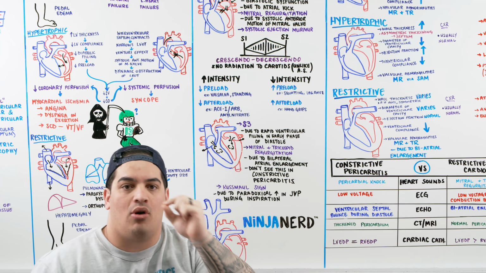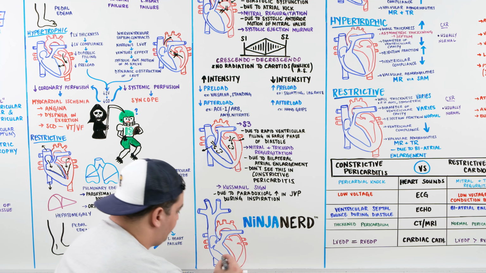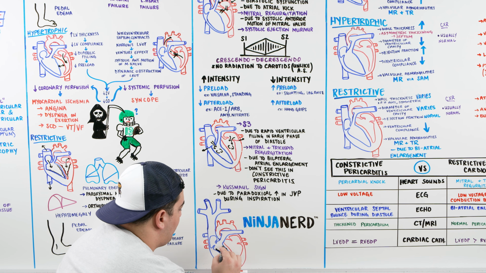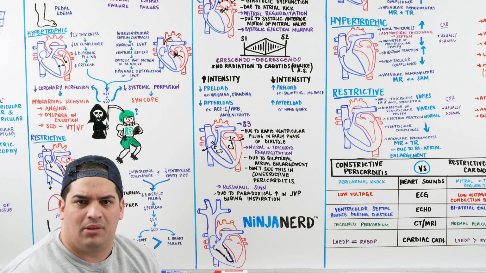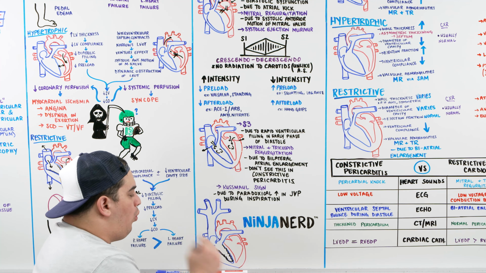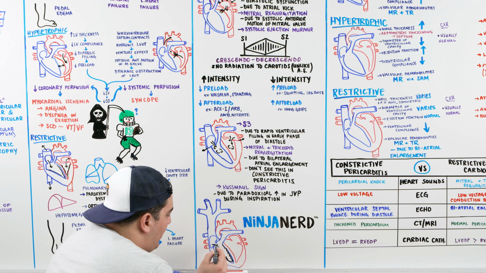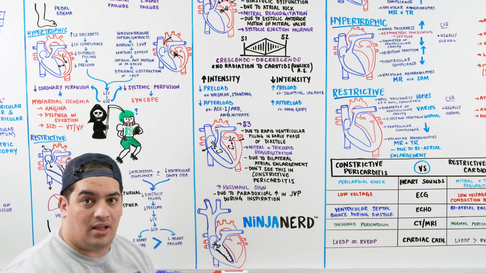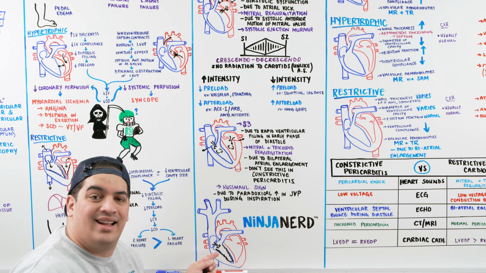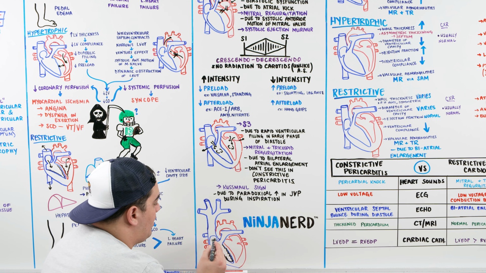Now, the last sign, which is a highlight of restrictive cardiomyopathy compared to the other cardiomyopathies, is called the Kussmaul sign. Now, remember I told you, the ventricular cavities are very fibrotic. They're not a big fan of wanting to accept blood. In the early phase, they'll accept blood, but in the mid to later phases, they're not. So it just stays and sits within the atria.